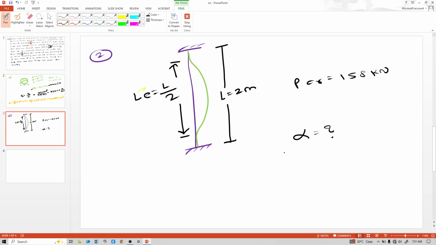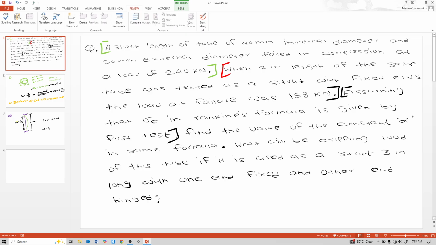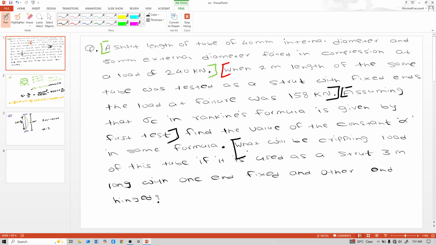So here in this we will find alpha. Okay, yes, find the value of the constant alpha in the same formula, and this is different. What will be the crippling load of this tube if it is used as a strut of 3 meters?